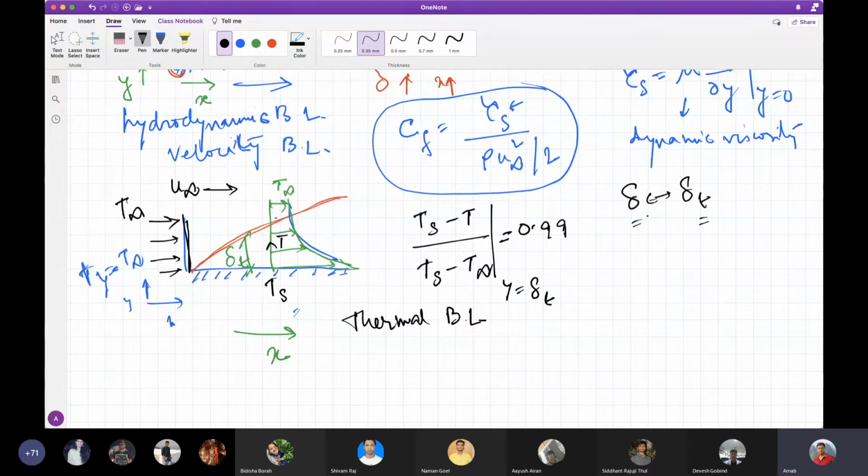In addition, the thermal boundary layer thickness also depends on the temperature difference between the fluid and the surface over which it is flowing. So these two thicknesses have different values. In certain cases those may be identical, but what those cases are, or what the relations are, we will see later.